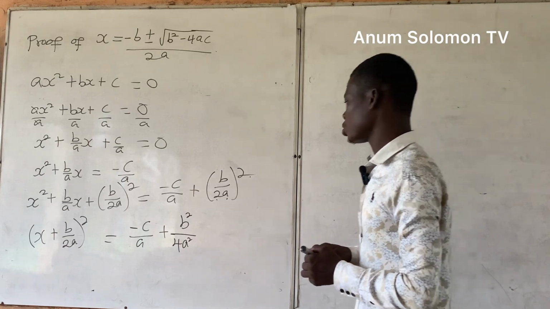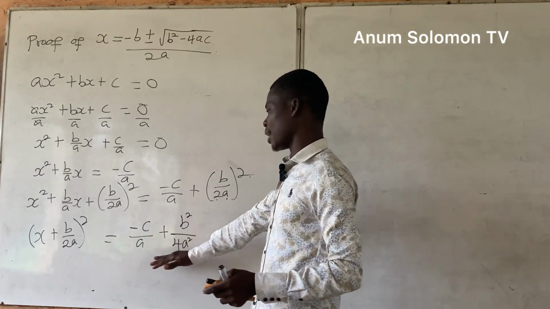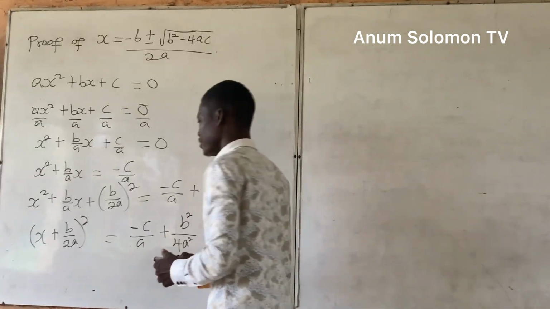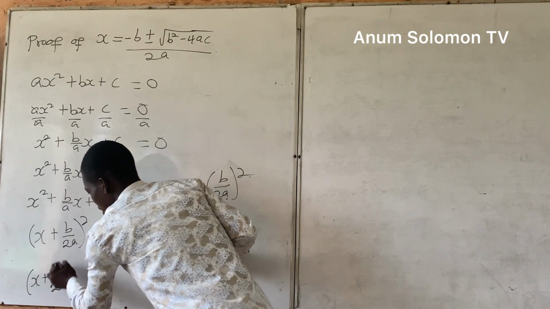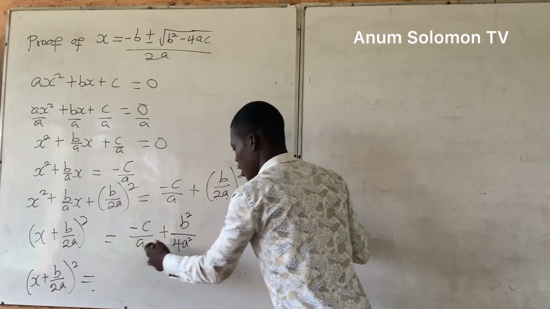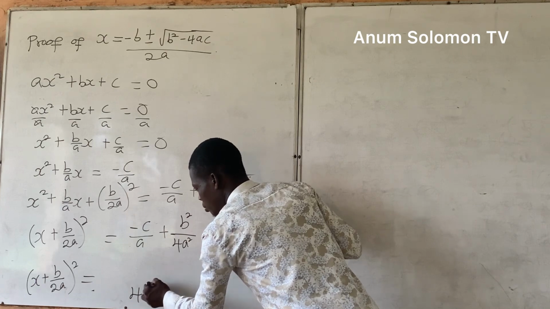On the right side, we have to take our time and simplify the fractions. Now we have x plus b over 2a all squared, which is equal to fractions with denominators a and 4a squared. Their LCM is 4a squared.